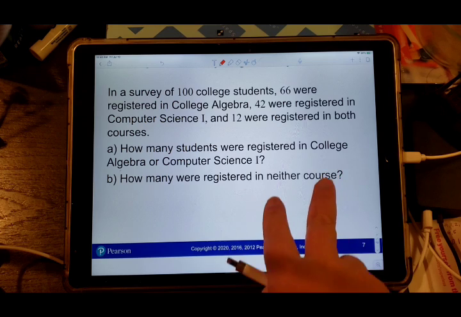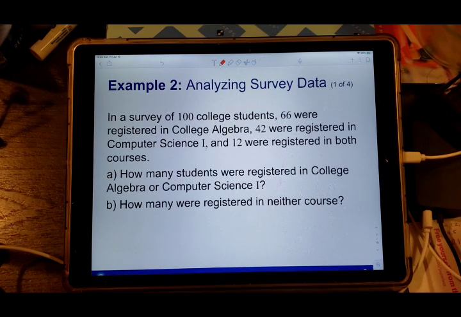All right, well, it seems like a change of topic, but it's talking about how sets interact. So let's look at this question. It's called a survey problem. In a survey of 100 college students, 66 were registered in college algebra. 42 were registered in computer science 1, and 12 were registered in both courses.